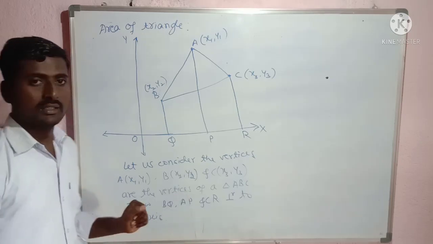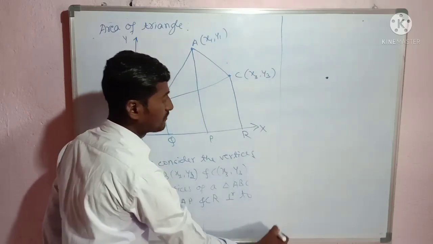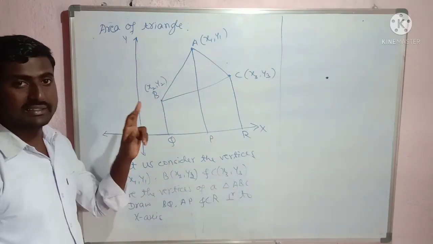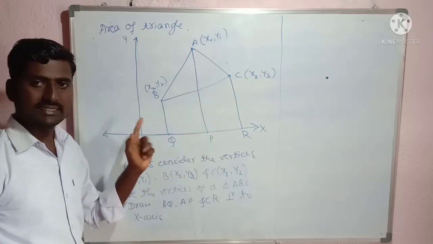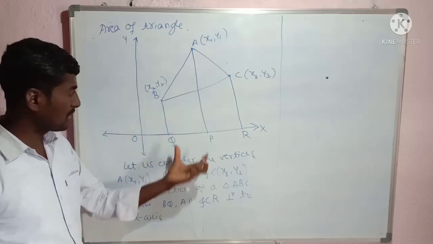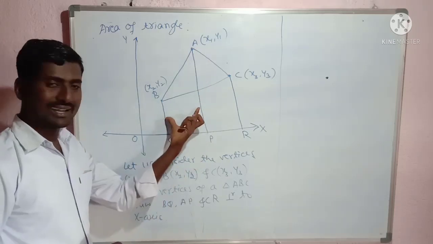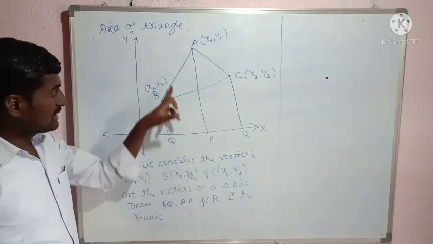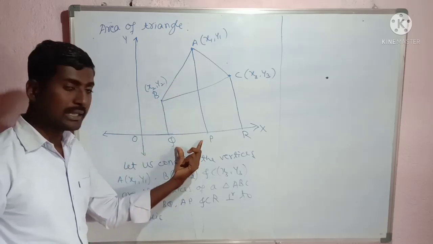Now, you observe this diagram. Here we got the trapeziums. BQPA. Is it a trapezium? Yes, it is a trapezium because BQ is parallel to AP. So one pair of parallel sides is there and the other two are not parallel to each other, meaning AP is not parallel to PQ.